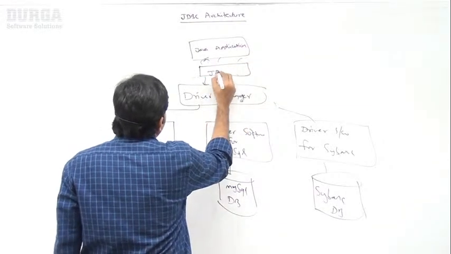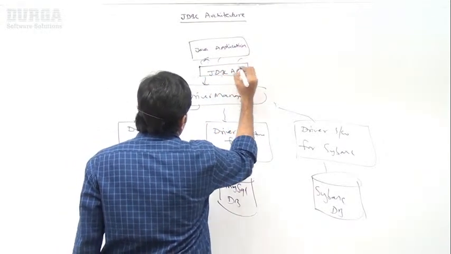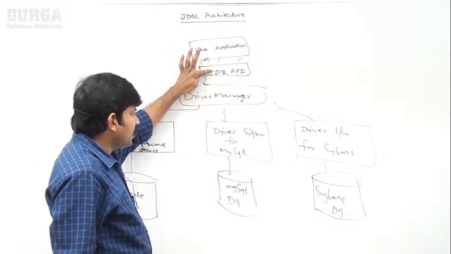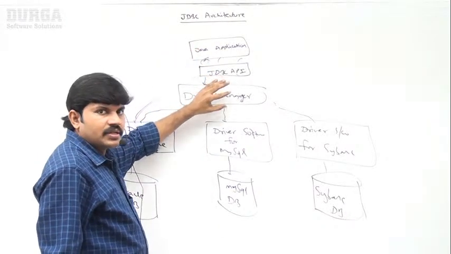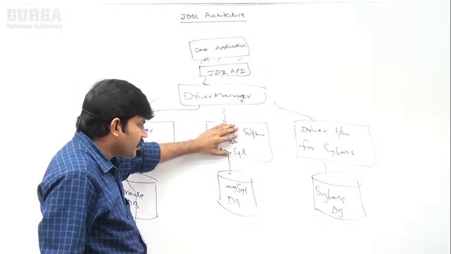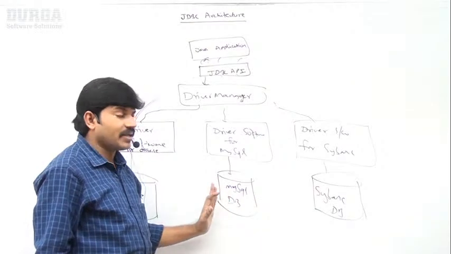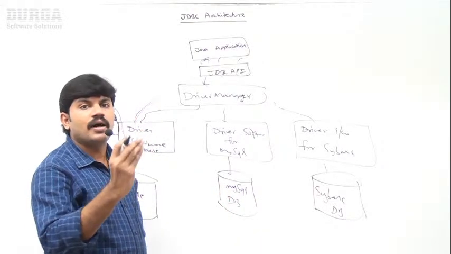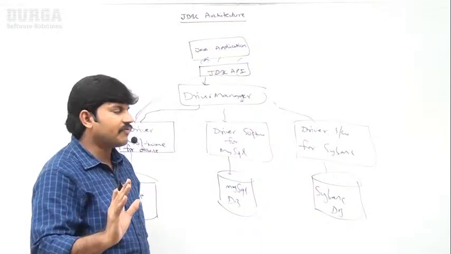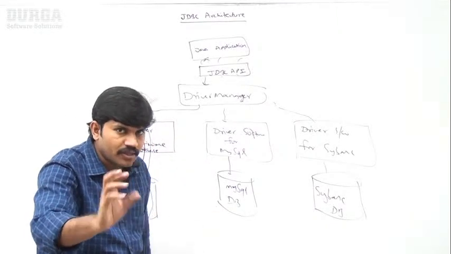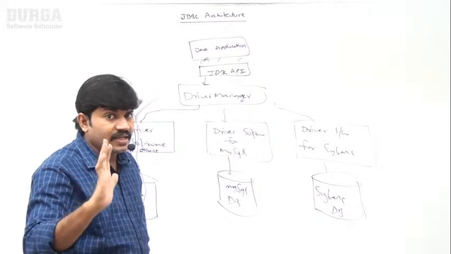The JDBC API provides it. Everyone can understand, right? So in the Java application, the JDBC API provides a driver manager. Driver manager can communicate with the driver software, and driver software can communicate with the database. This is the simple architecture you should be aware of. Of course, I will redraw it once again with a clear picture. Don't worry about that, but make sure you get the basic idea.